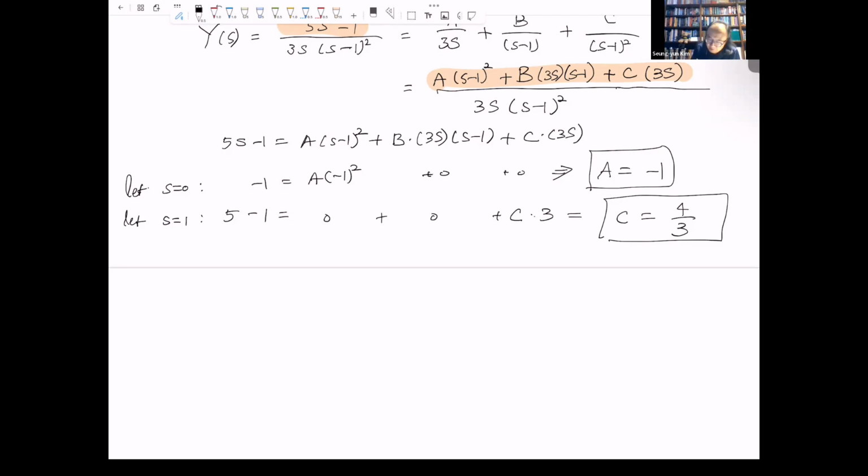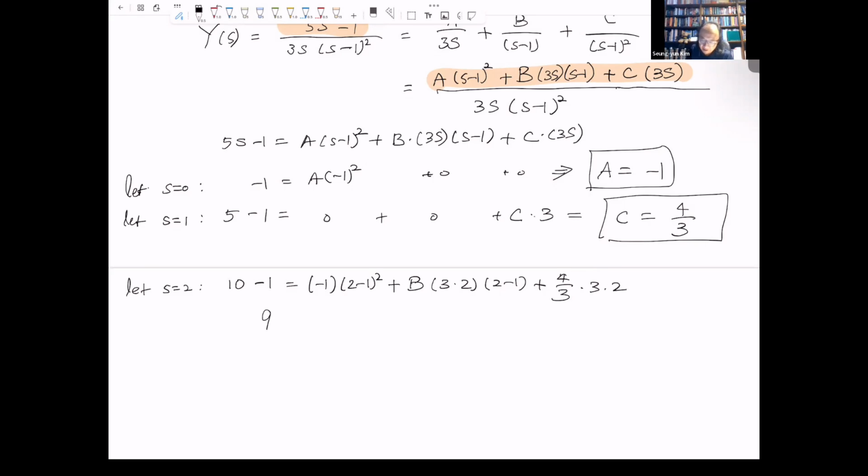The third number, we can just use again: s equals 2. 10 minus 1 equals A, we said negative 1, times (2 minus 1) squared, plus, we don't know B yet, B times 3 times 2 times (2 minus 1), plus 4 over 3 times 3 times 2.